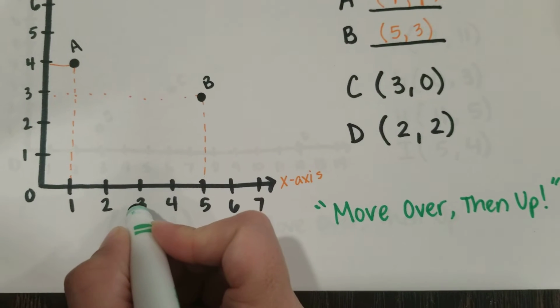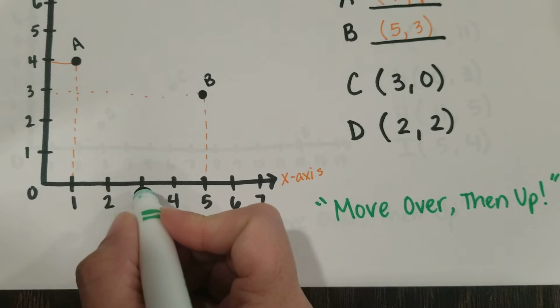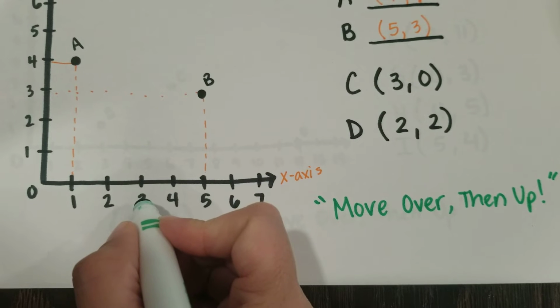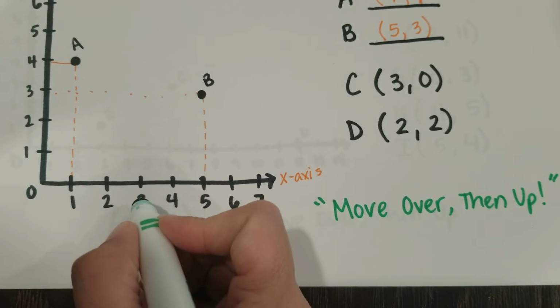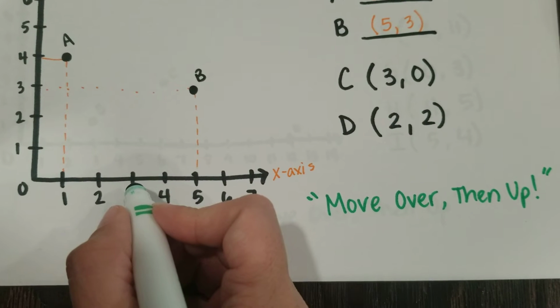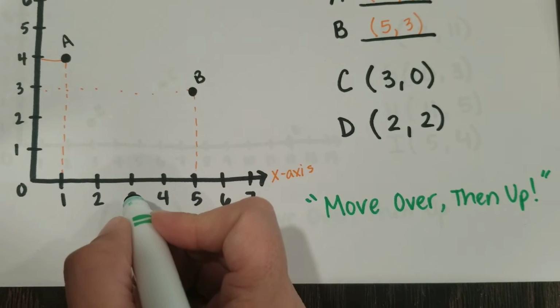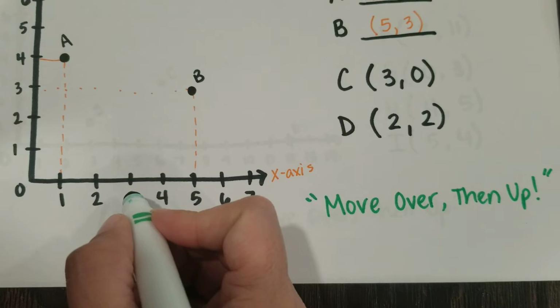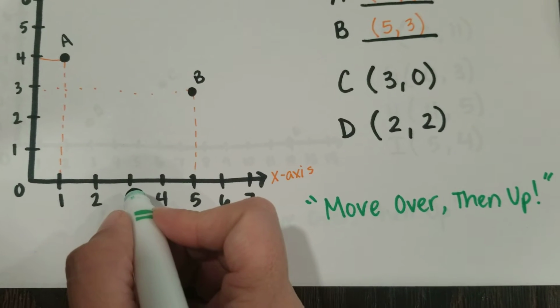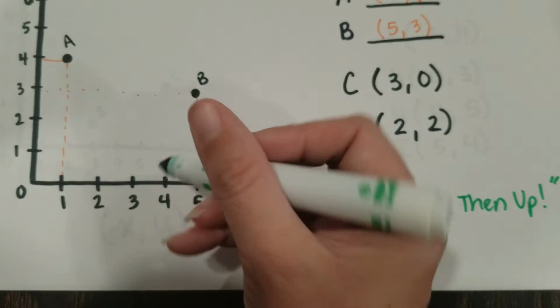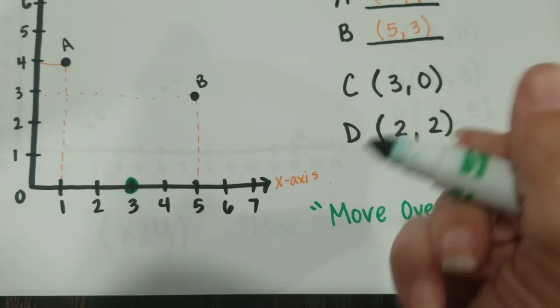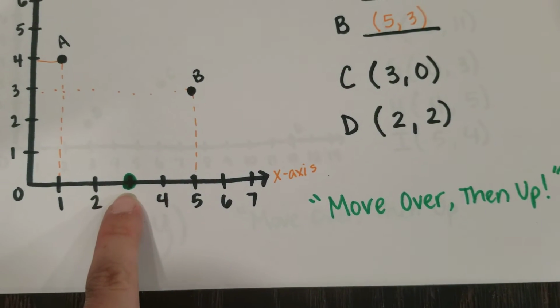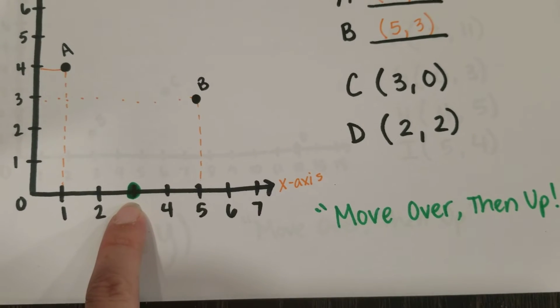And that means I'll be right at 3 for my x-axis, which is my first term, 3, 0, right? So move over first and then move up. Well, for point C, it wants me to go 0 up. So that actually means I'm not going to go up at all. I'm going to plot my point right here on the x-axis. It's going to sit right there, 0 units up, okay?